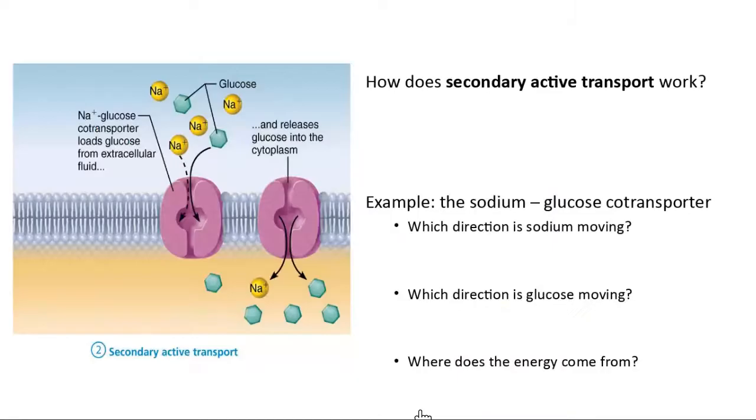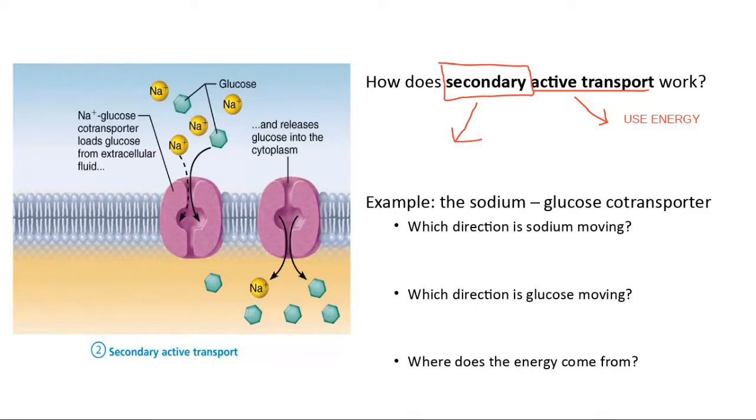When I talk about secondary active transport, it's still active transport. So I still use energy because it's active transport. But when we do secondary active transport, I'm not using ATP anymore.